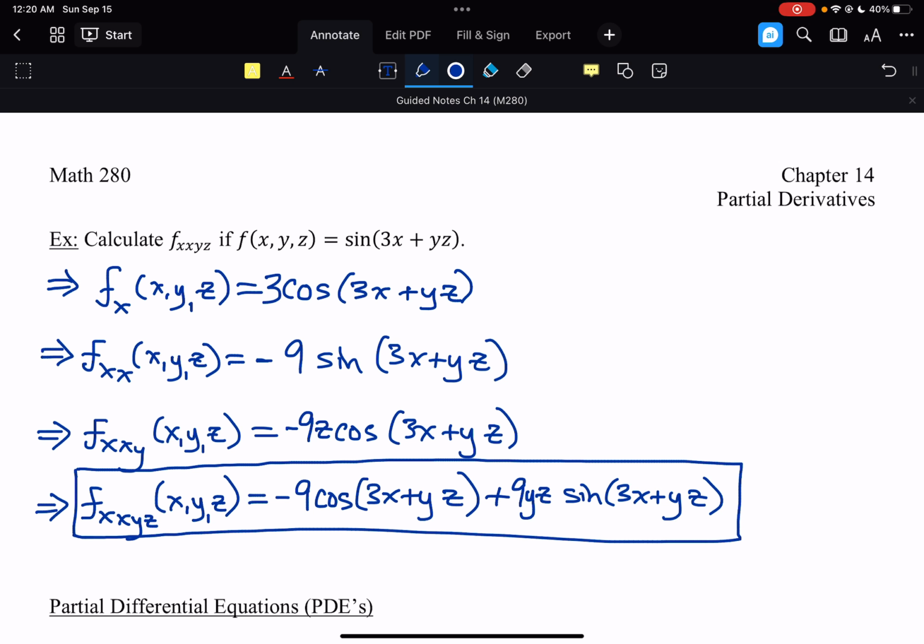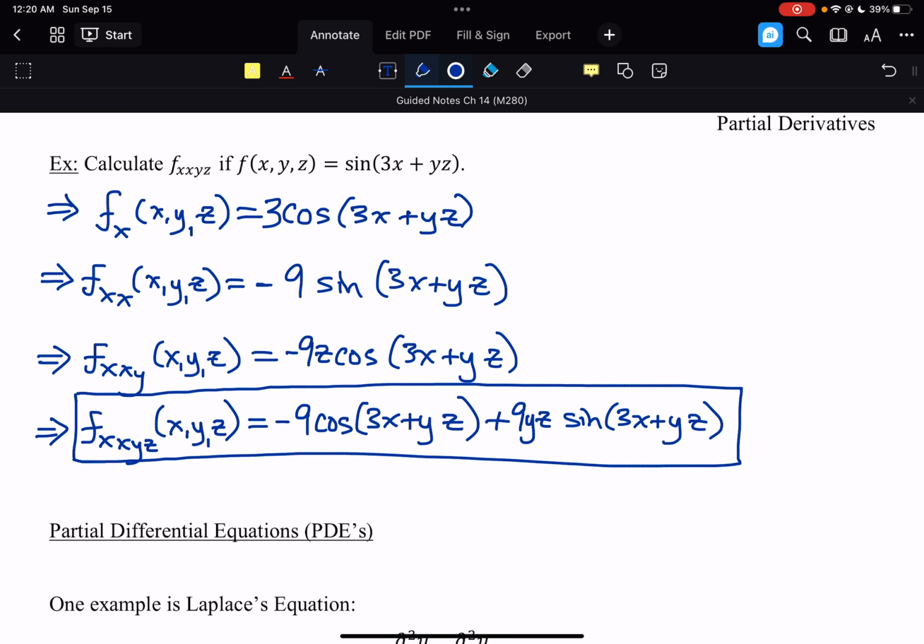So this is a fourth order partial derivative for a function of 3 variables. So as you can see, we can step this up to much higher levels. A lot of the times we're going to be sticking with functions of 2 variables, taking just first and second order partial derivatives, but it can apply at any level.